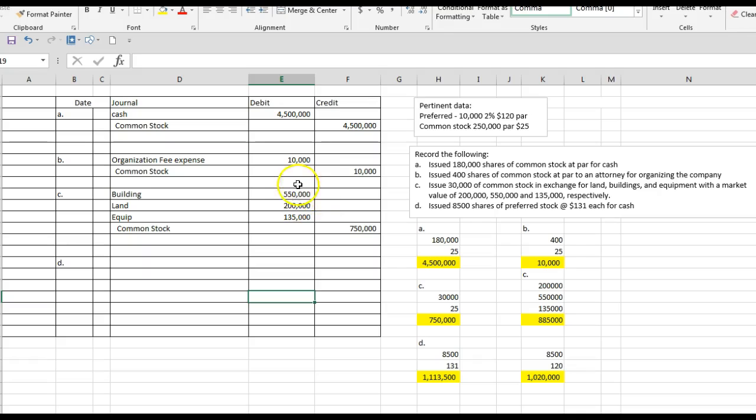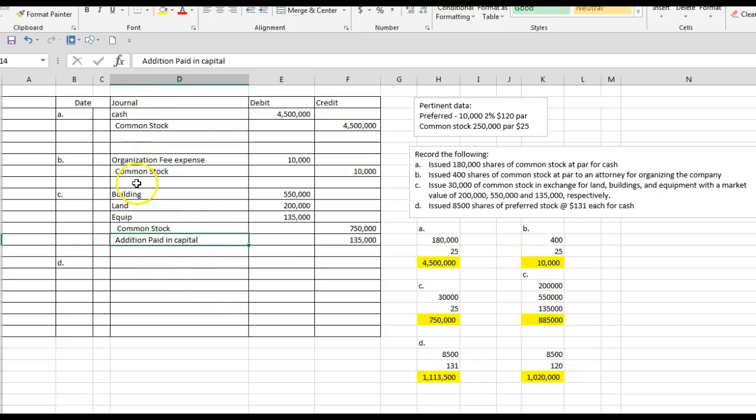And if I add these up, I'm going to find that these two don't match, as far as balancing. And the difference is, well, the difference is equal to this plus this plus this minus this. $135,000, and that becomes your additional paid-in capital.